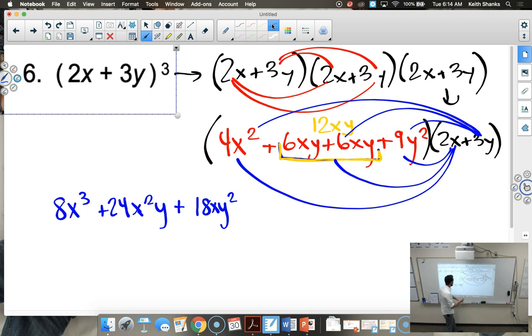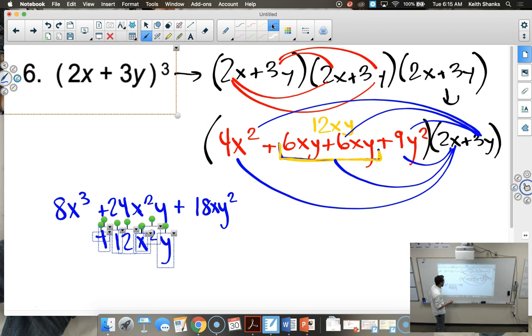Now we take the 3y. The 3y times 4x squared is actually 12x squared y. And notice where I wrote it. I wrote it under this one because these go together, right? You have 4x squared, so you're going to have an x squared and then times y.